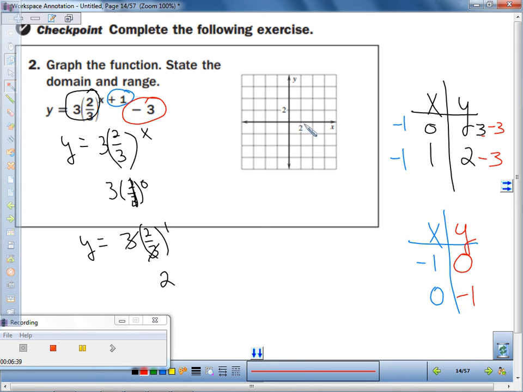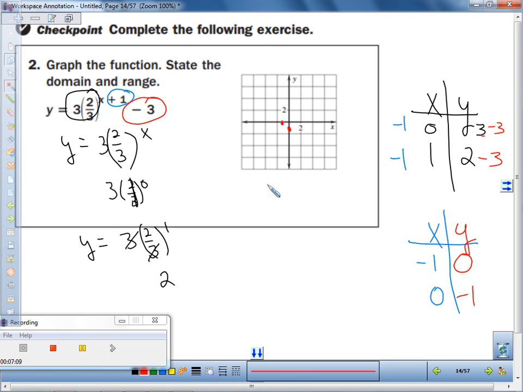Notice our graph here has each box or each line worth 2. So at x equals -1, which would be halfway in between this box, y is 0, so we'd be here. Then when x is 0, y is -1, so it'd be halfway in this box.